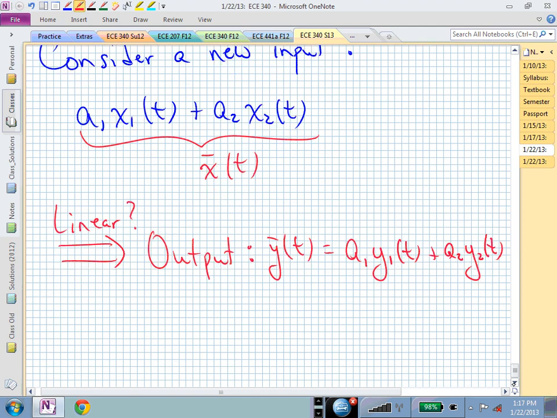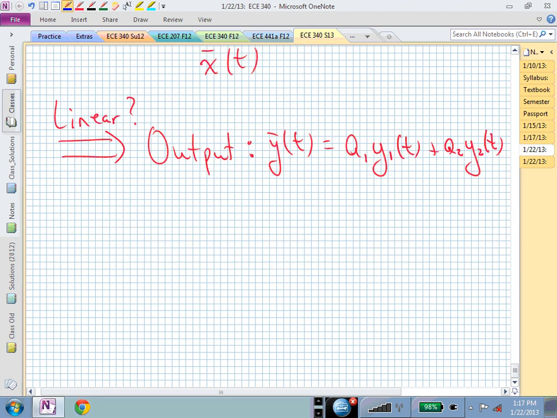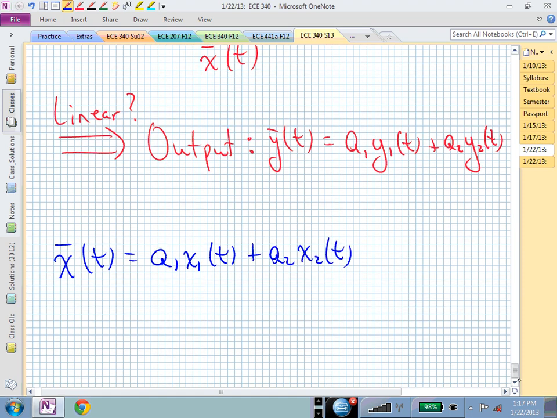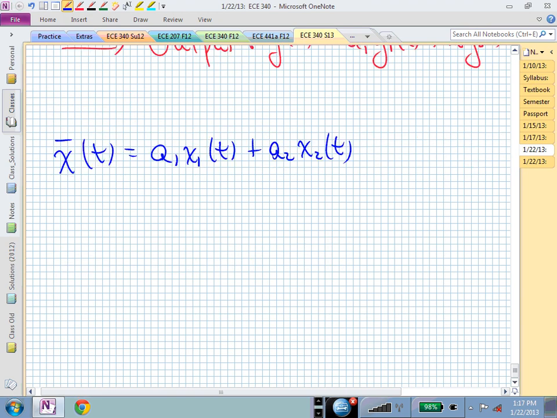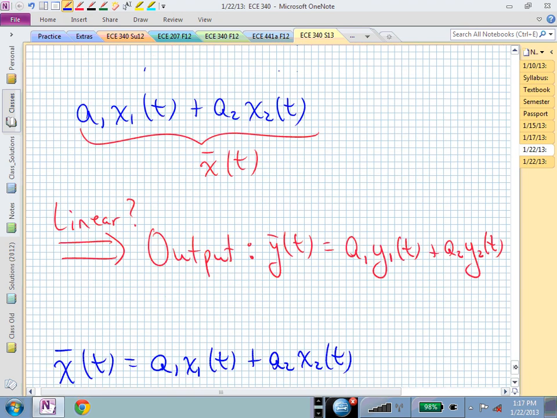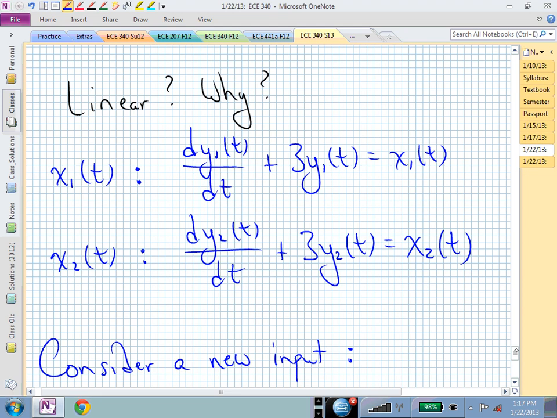Let's see what happens. Let's just plug this set of relationships in. So I now have x bar of t. That's just a1 x1 plus a sub 2 x sub 2. But what was x1? x1 is equal to this left-hand side, isn't it?